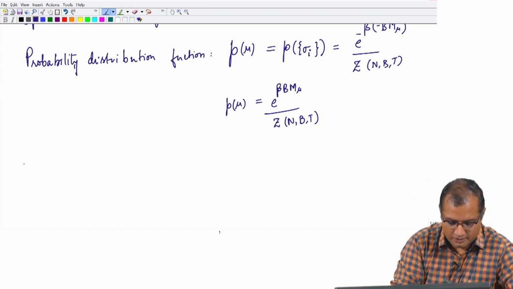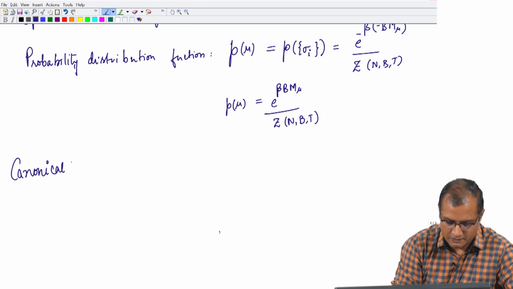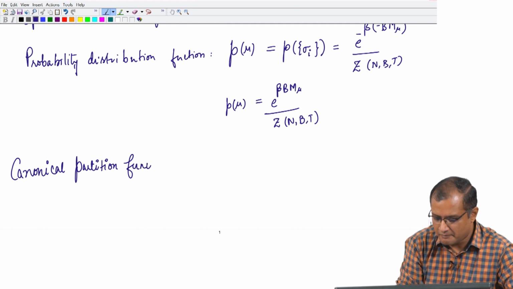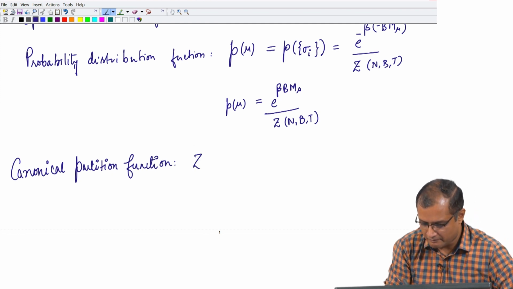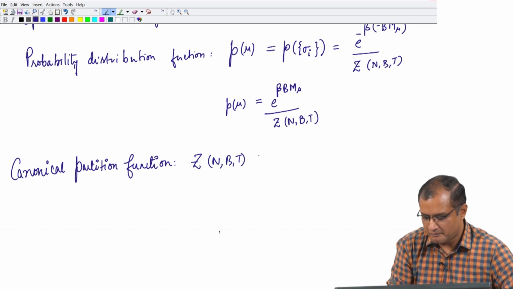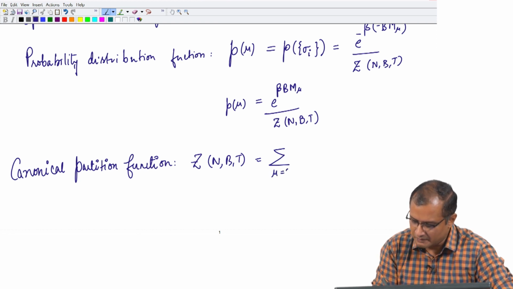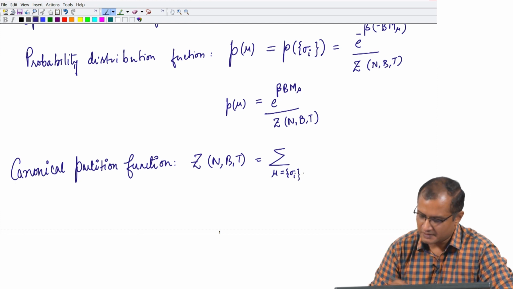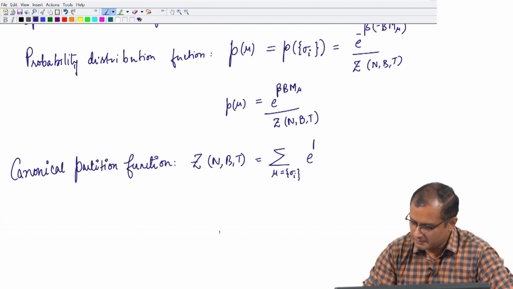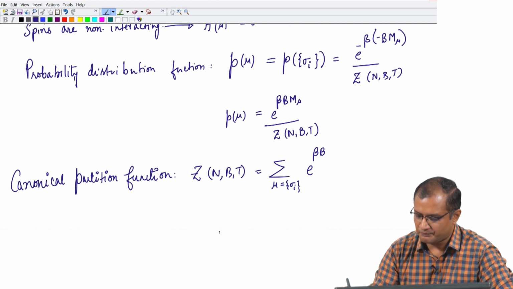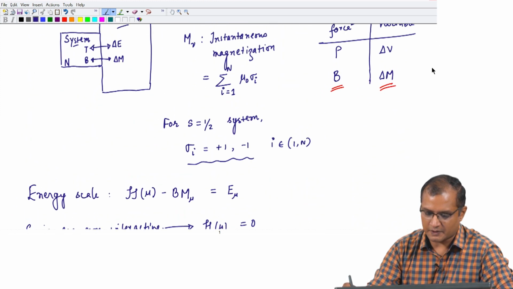So, I can write down the canonical, or Gibbs, partition function as simply the summation over all microstates, which is nothing but the collection of all these sigma i's, of e to the power beta B and the magnetization, which is basically this expression.